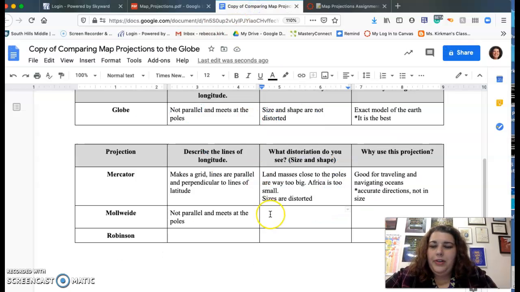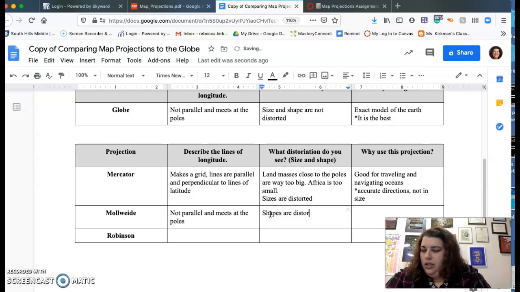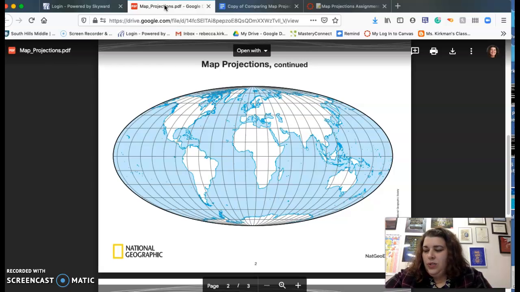So going back over here to this one, we're going to say shapes are distorted, but size is okay. This one is hard to say what you would use it for.